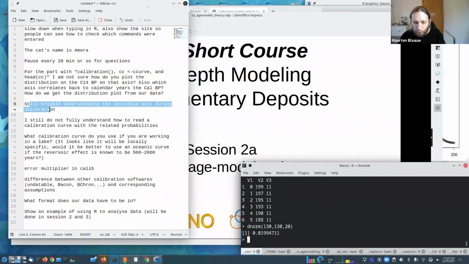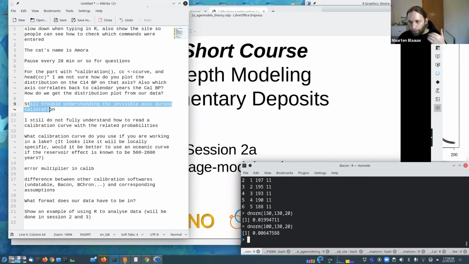We get a certain probability. So with a mean of 130 and an error of 20, assuming a normal distribution, if we ask what's the probability of the actual value being 130, that's around 1.9%. And if we ask for another number, for example 100, it's a lower number.